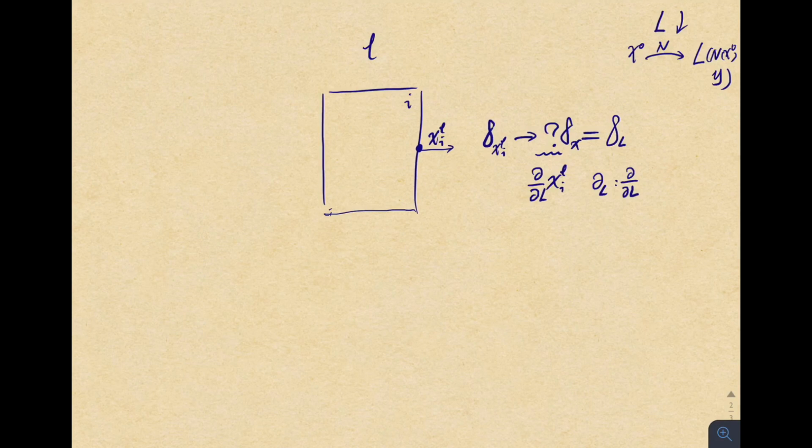Now recall that the output of this neuron is the result of this nonlinear mapping here.